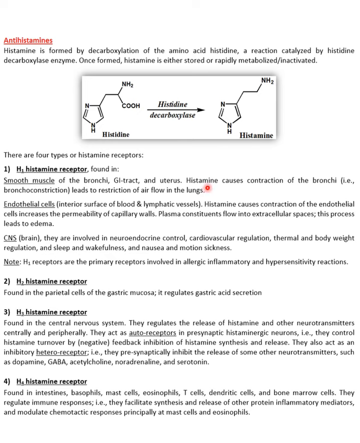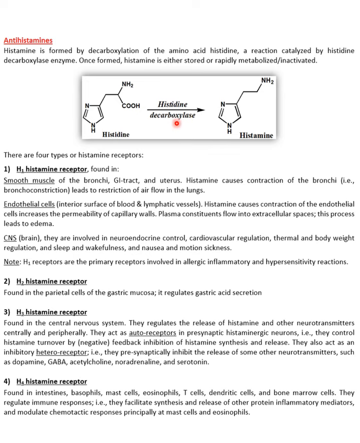So based on what I said so far, you can imagine the ways where we could prevent the histamine action. One way would be preventing the synthesis of the histamine by inhibiting this enzyme. There are a couple of drugs available, but they are not commonly used. Another way is by stabilizing the mast cells, which are used to store the vesicles containing this histamine, and these are called mast cell stabilizers.